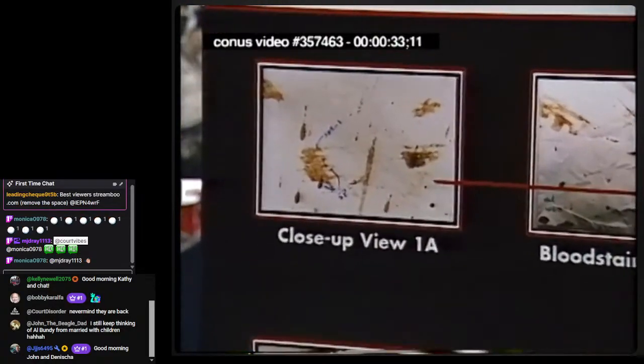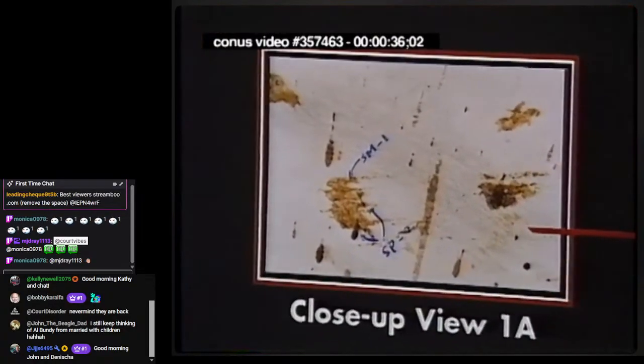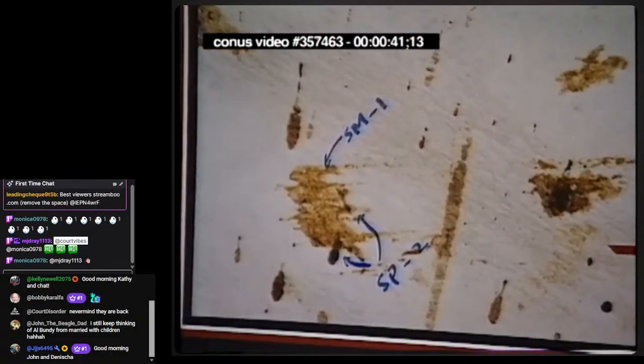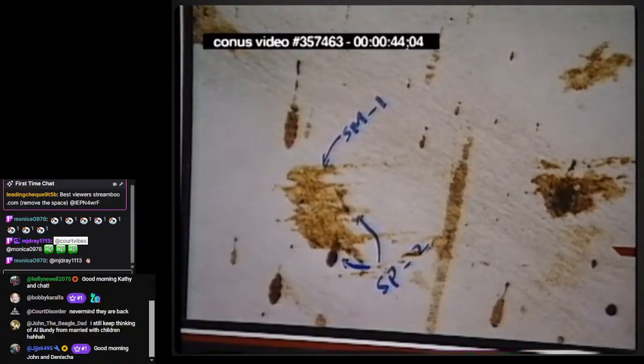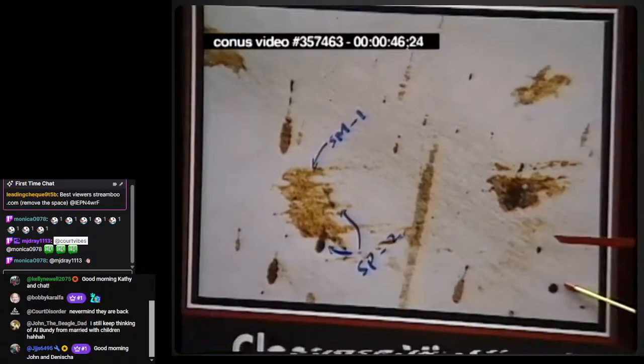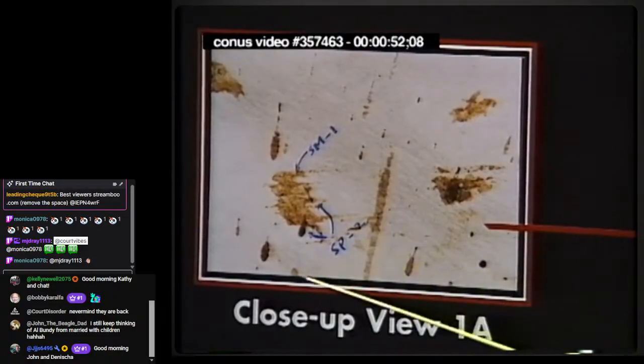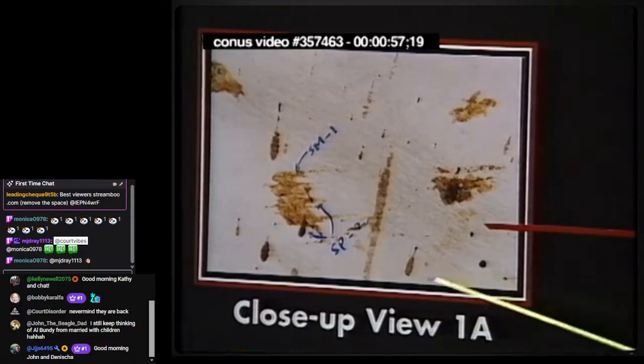So in other words, the smear had to come first, and then spatter after that. Yes. Anything else with respect to this bloodstain pattern? In addition, a small drop consistent with a vertical deposit.